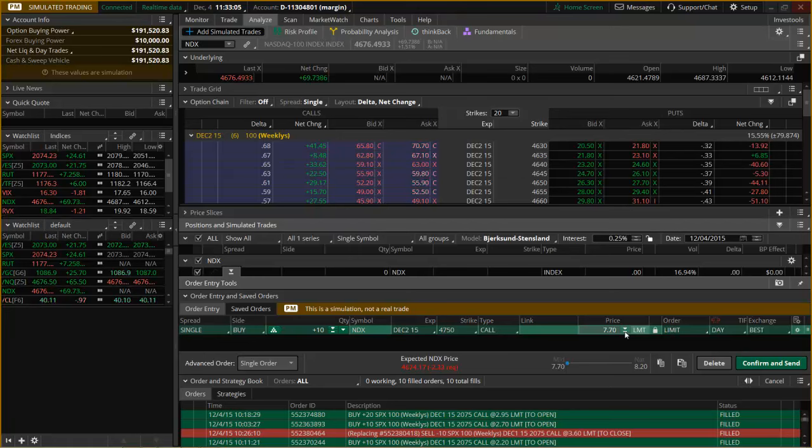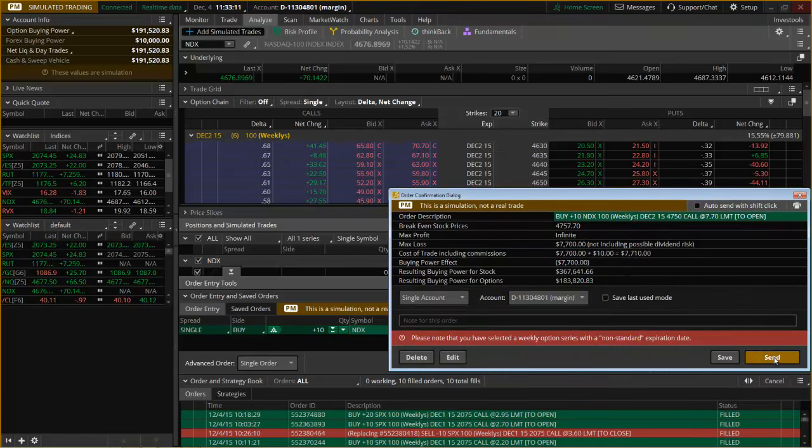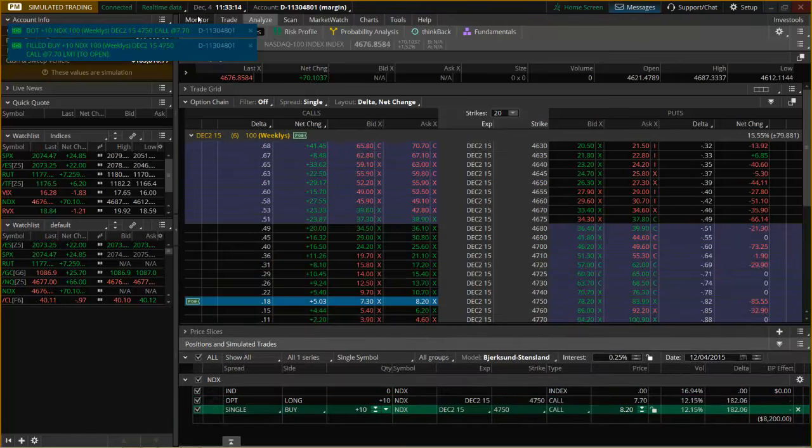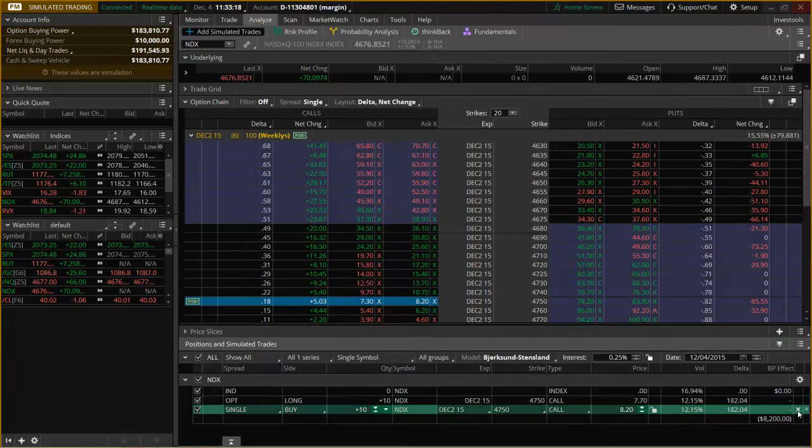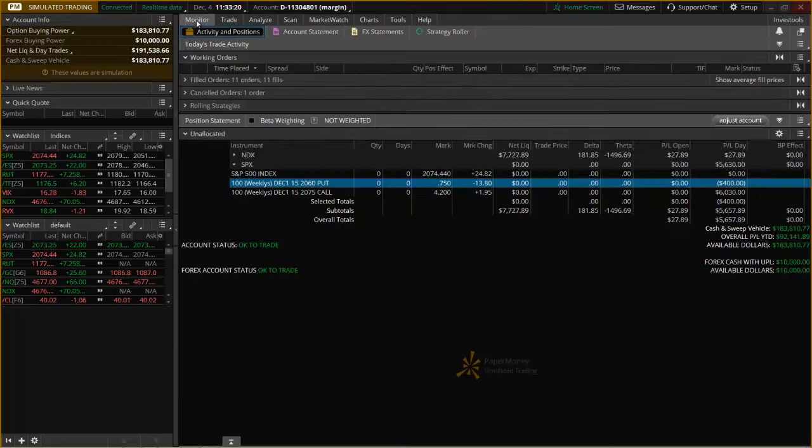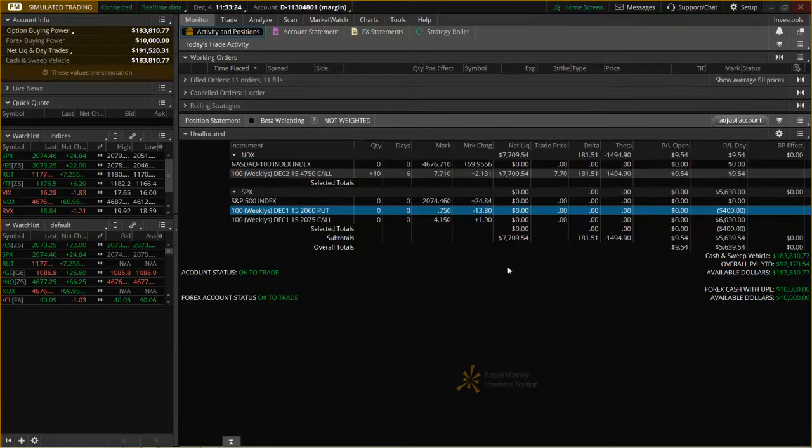So I want to buy 10 contracts at 770. I'm going to try to give the mid price and see if it gets filled. 770. Okay, again, we got a fill over there. So let's go take a look at the monitor and see how this one will do, and keep an eye on it. I'll pause it for now.